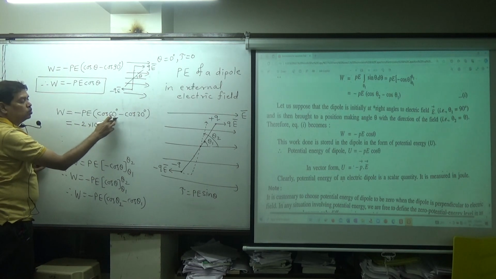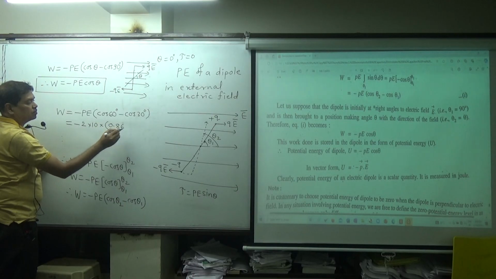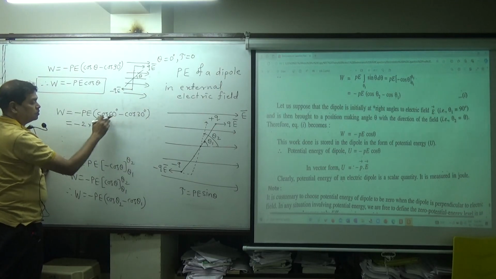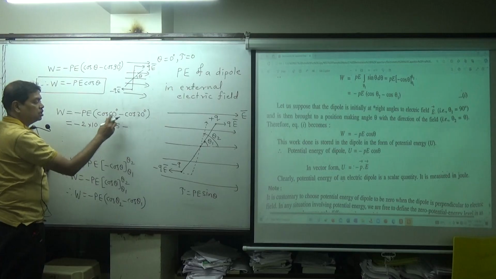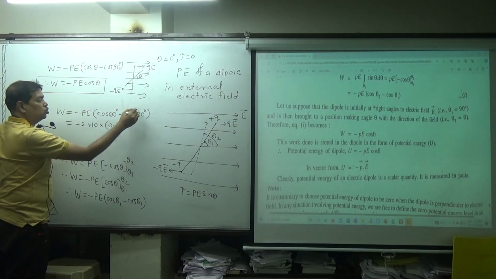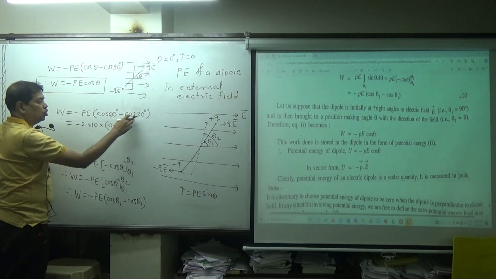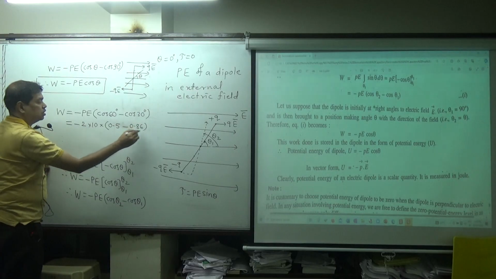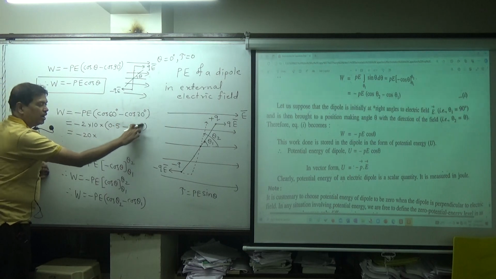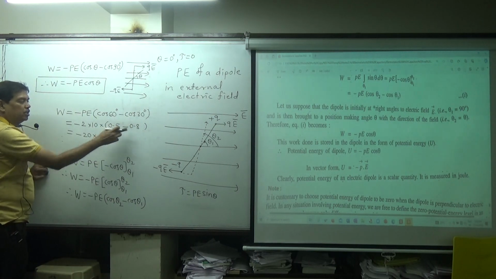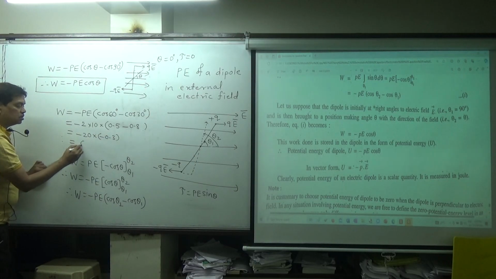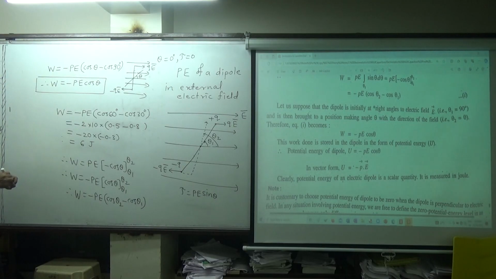Cos 60 is half, 0.5, and cos 30 is root 3 by 2, around 0.86. क्या है आंसर? -20 into ये 0.80 ले लो टाइम पास में, 0.5 minus 0.8 minus 0.3. So आंसर कितना है? 6 जूल. Work is 6 जूल. Is the answer.